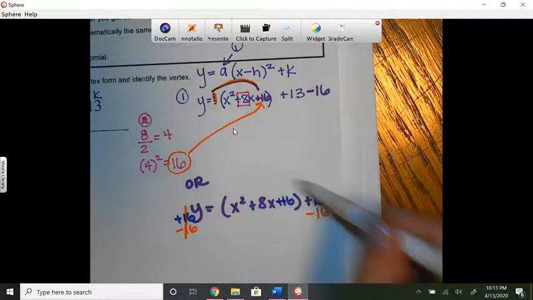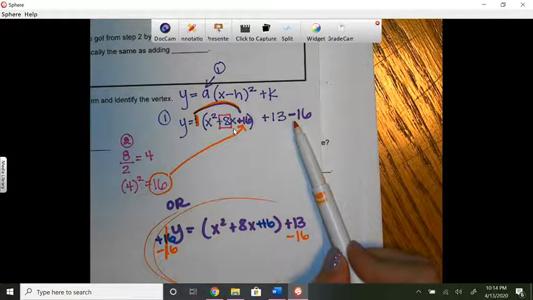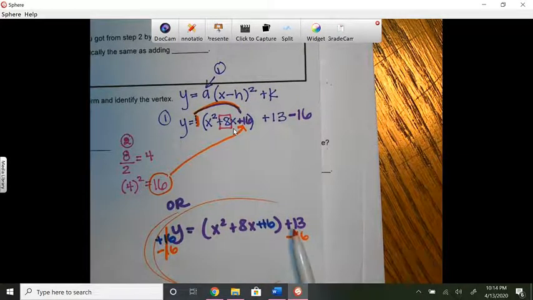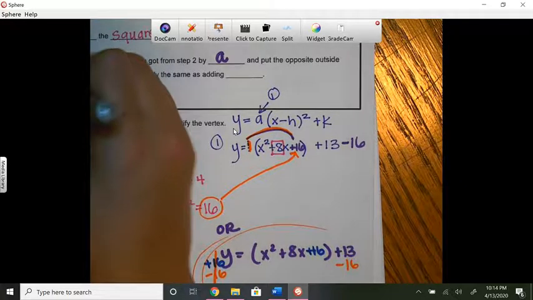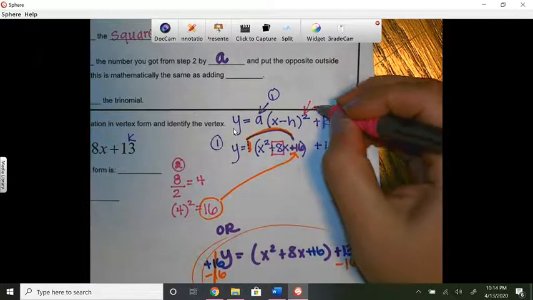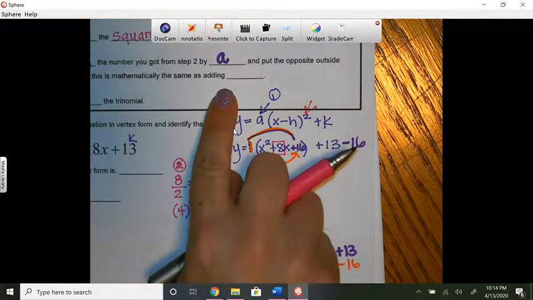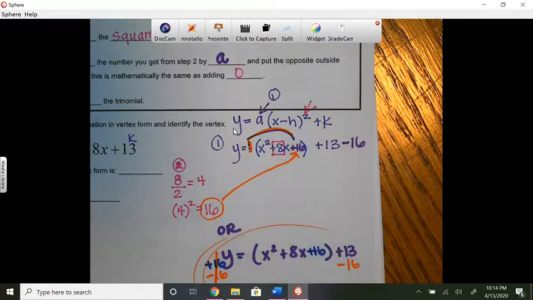Either way, this is why we're putting the opposite there, because it's just going to get brought back over. Okay, now why did we do this? Well, we did this because now we can factor this trinomial and it's going to have a square. The reason we did this is because it's basically like adding 0.